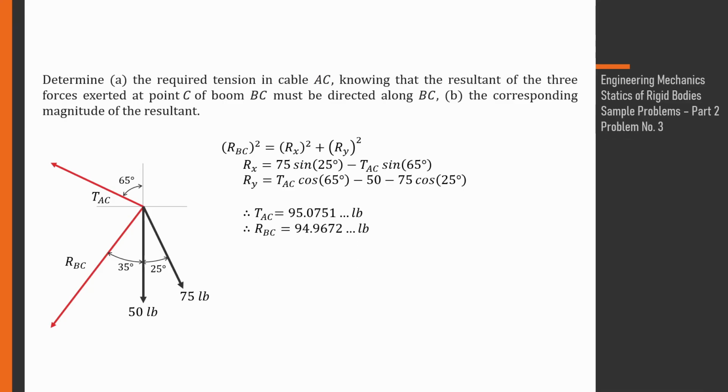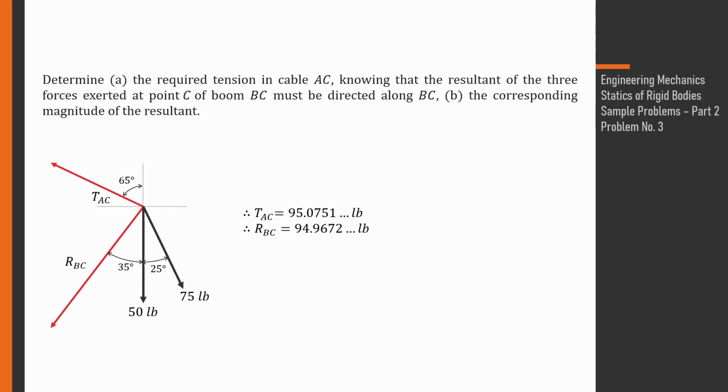So our final answers: the tension in cable AC is 95.0751 and so on pounds, and the magnitude of the resultant directed along BC is 94.9672 and so on pounds.